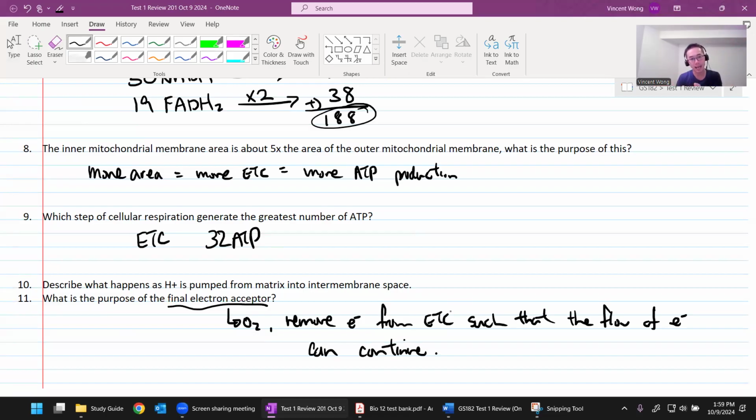And if it can't slide down, then it won't be able to harness the energy from the electrons. We cannot pump the H+ over, we don't build up the H+, and we don't produce ATP. So that's bad news, right? That's why we need to have the oxygen there to remove it.